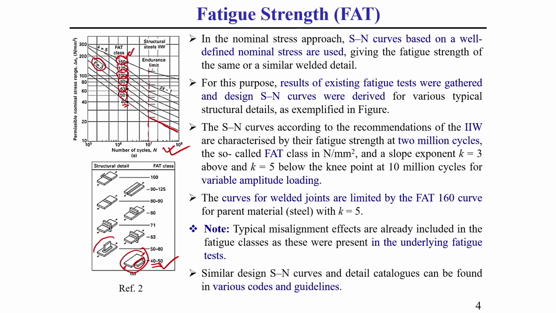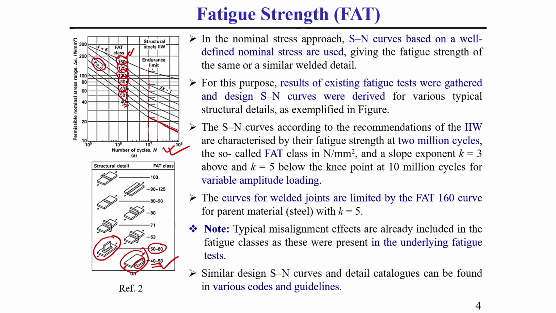If a gasket is put over a flat plate, the welding is done around the gasket, and the load acts parallel to the gasket, then the FAT value can vary from 50 to 80.